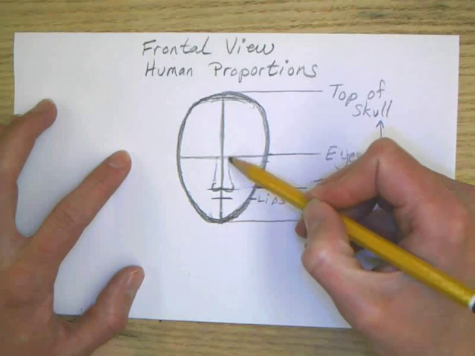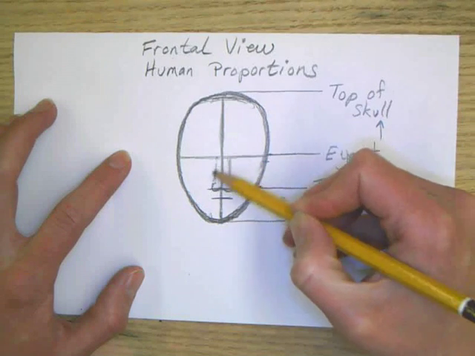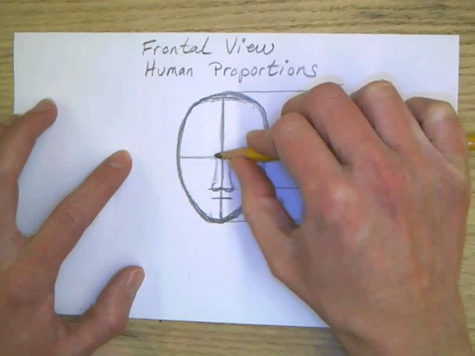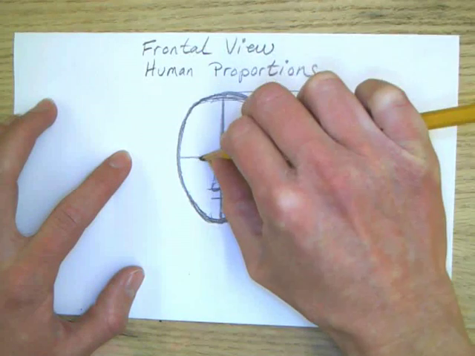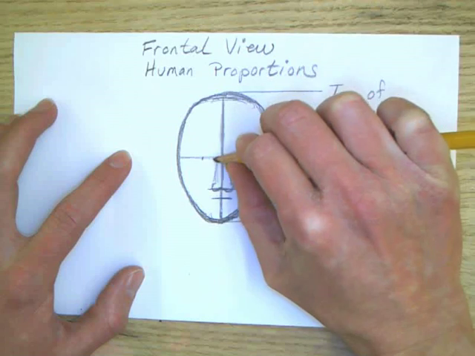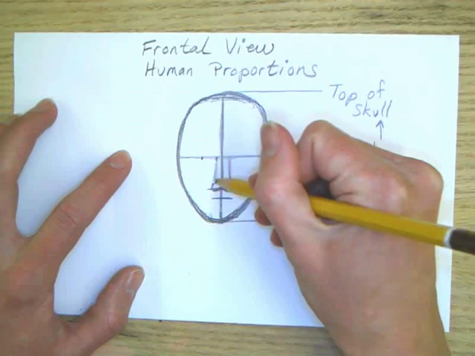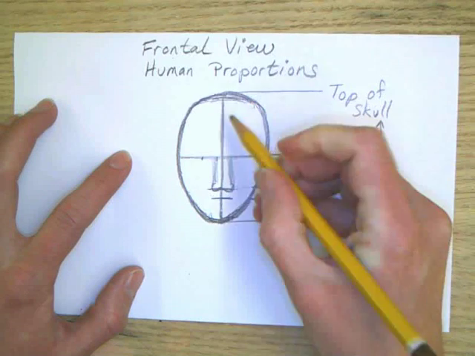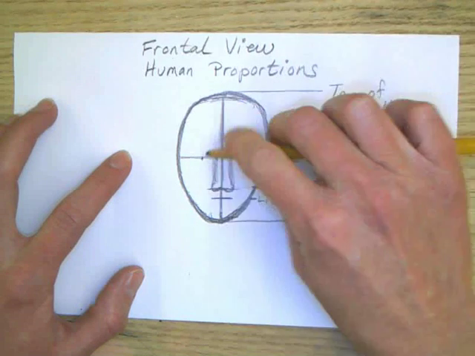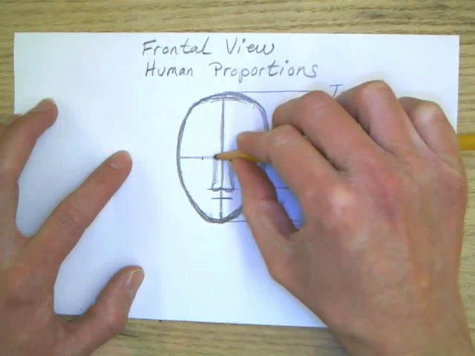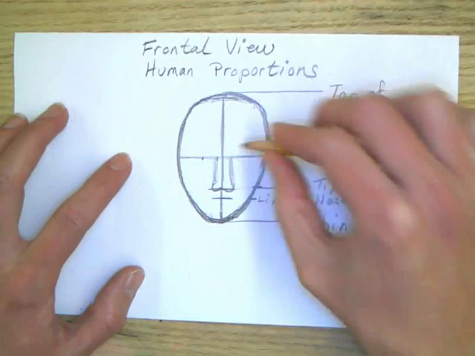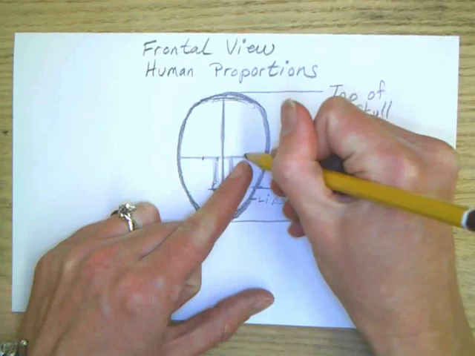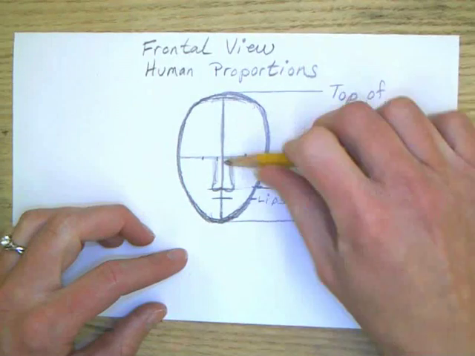Okay, so the width between the nose, that's going to be the same distance, same length of the eye from that corner here where the nose went up, right through the nose. So there is the same distance as to there, to there, and there.